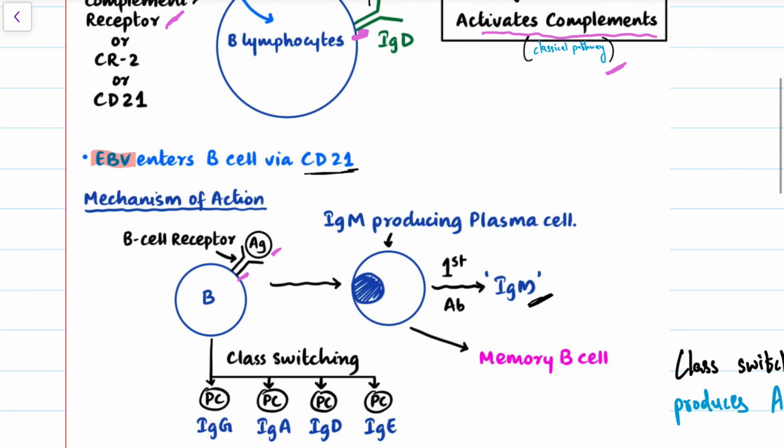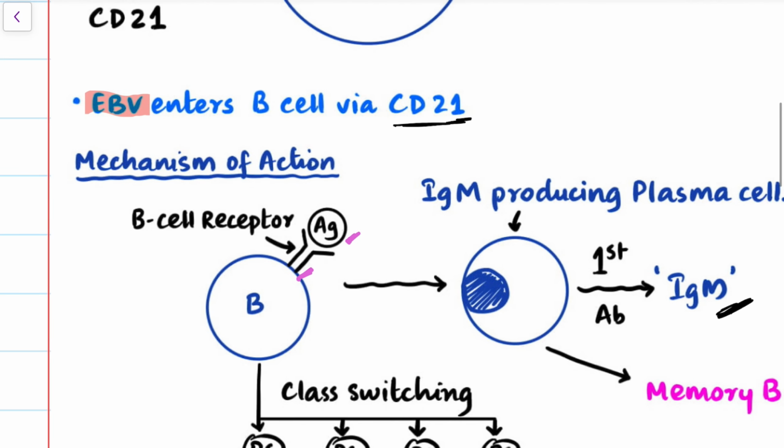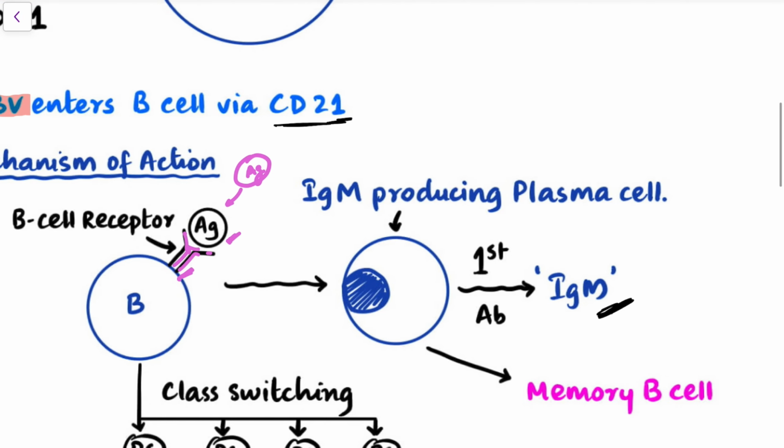The standard way the B cell gets activated is that there's an antigen present outside in the system, and it comes and attaches itself to the antibody present on the cell. When this antigen attaches to this antibody, the B cell becomes activated, and then the B cell goes and produces IgM producing plasma cells.